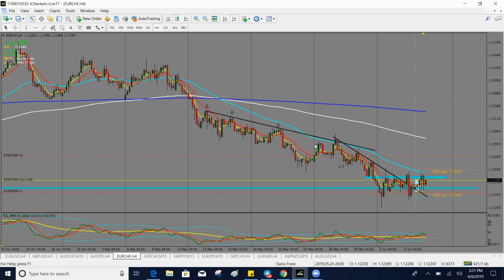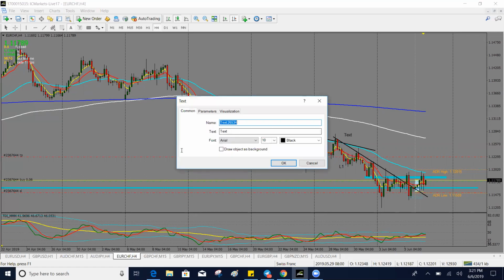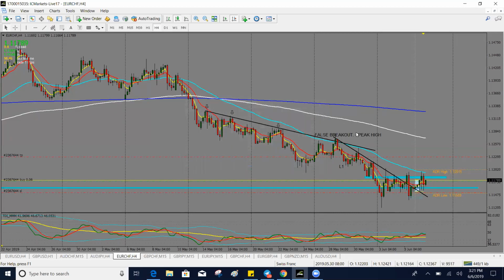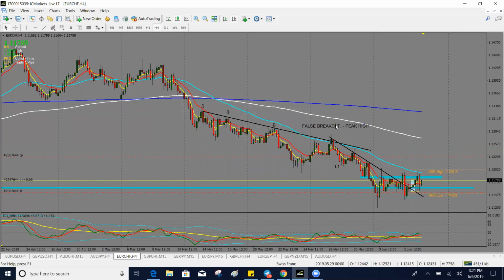At the same time, the market makers came and broke that trend line, and it broke the 50 EMA for the first time. So this false breakout usually would be a peak reset. So I'll consider this a peak high. Okay, that's how I was able to determine, boom, this is a peak formation high. They shifted away from buyers.